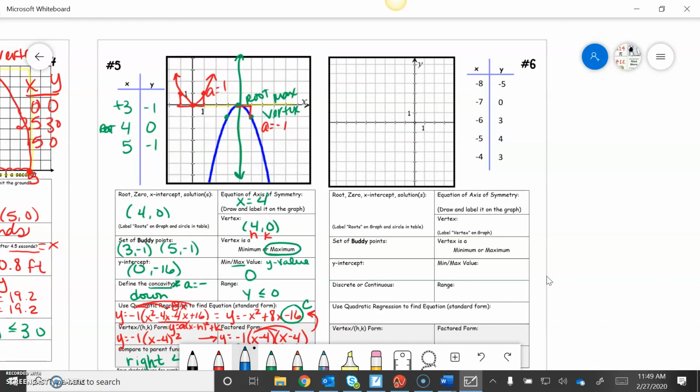So we can make a couple of notes. We have some buddy points. We have a vertex. We'll decide if it's a max or a min in just a minute. And we have a root here.